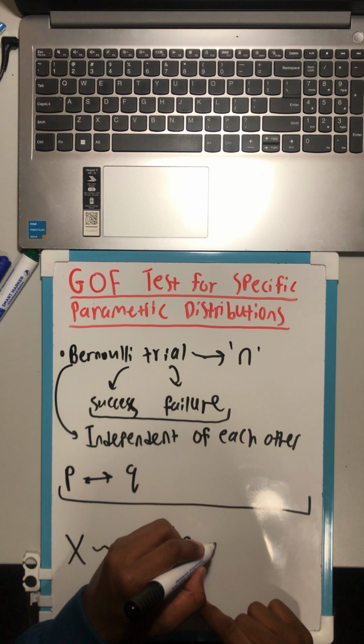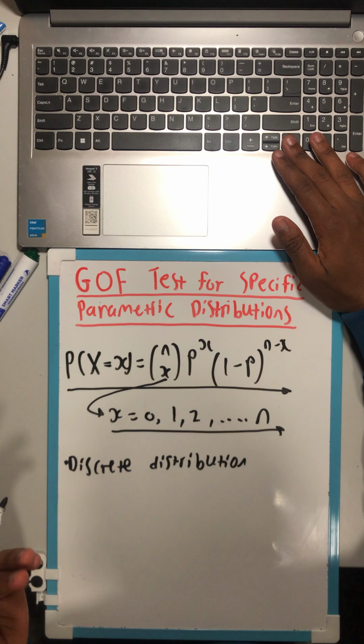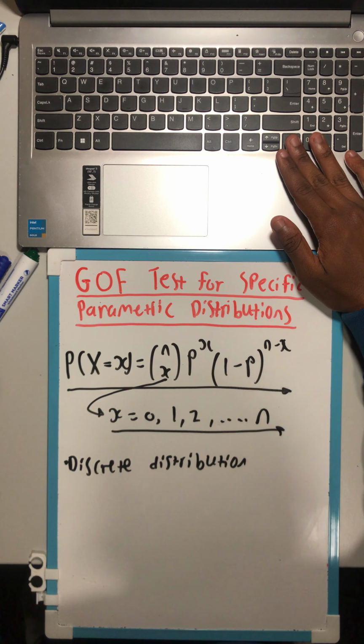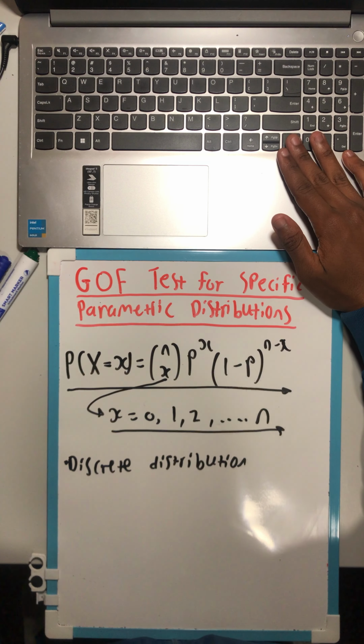They are fixed values. They are discrete. We can also find binomial probabilities in the statistical table, and if you're lucky enough that your school allows you to use Excel, you can also use Excel to find the probabilities.